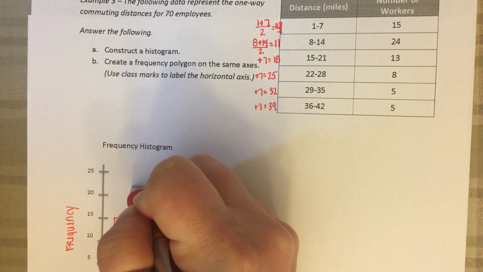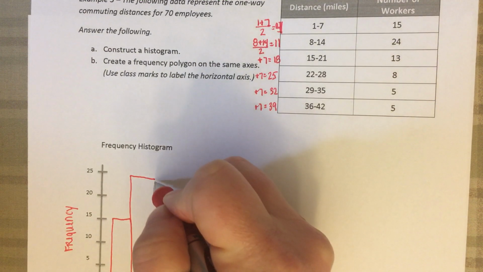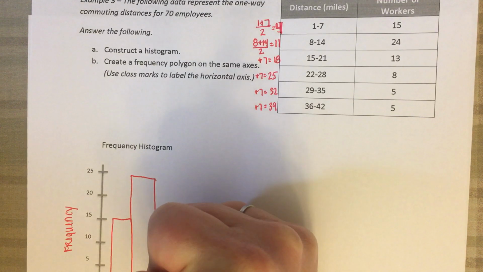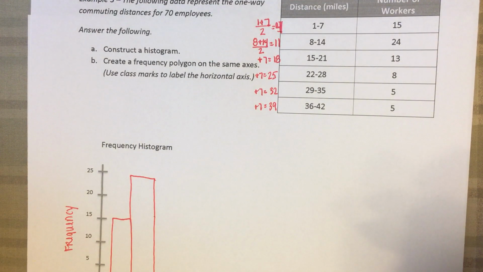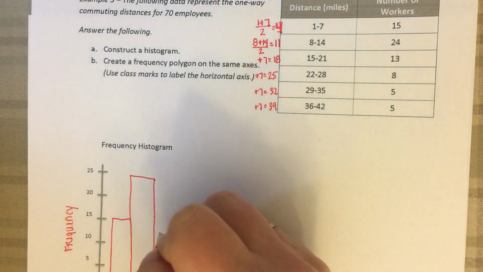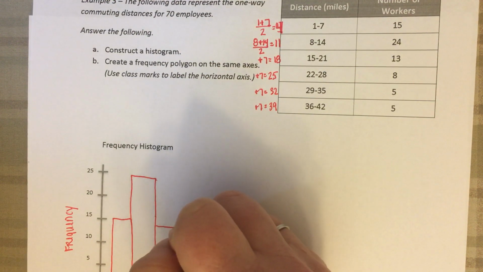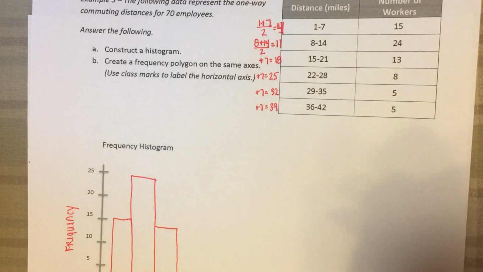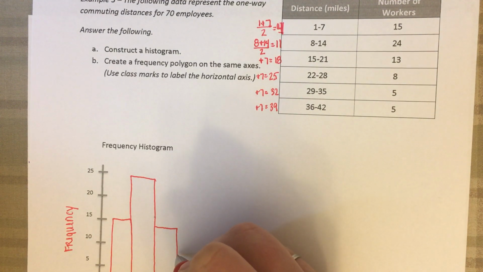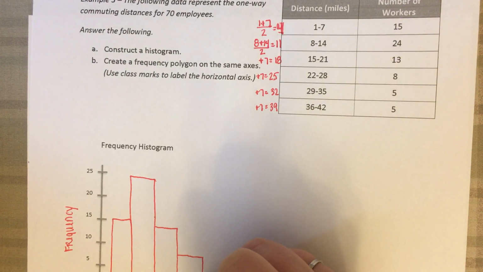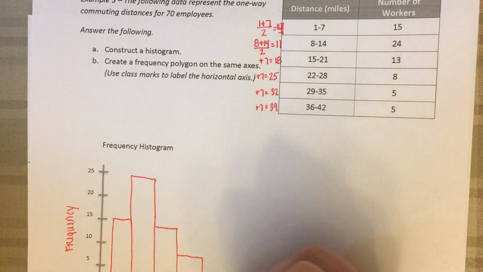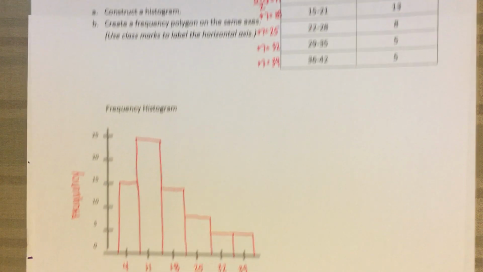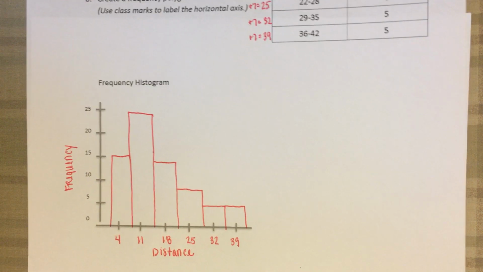That's going to go up to 24. Our next one had a midpoint of 18. There we have 13. Our next class has a frequency of 8. The next one is a frequency of 5, and our last class is also a frequency of 5. So there is our frequency histogram.